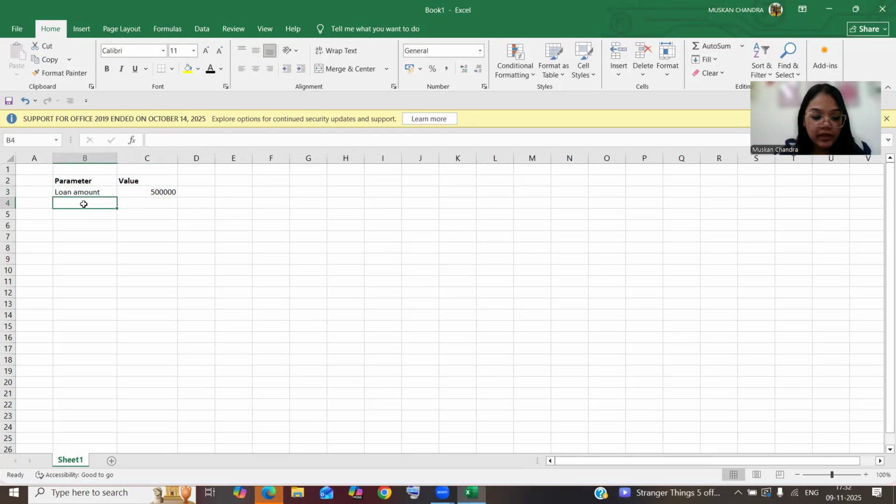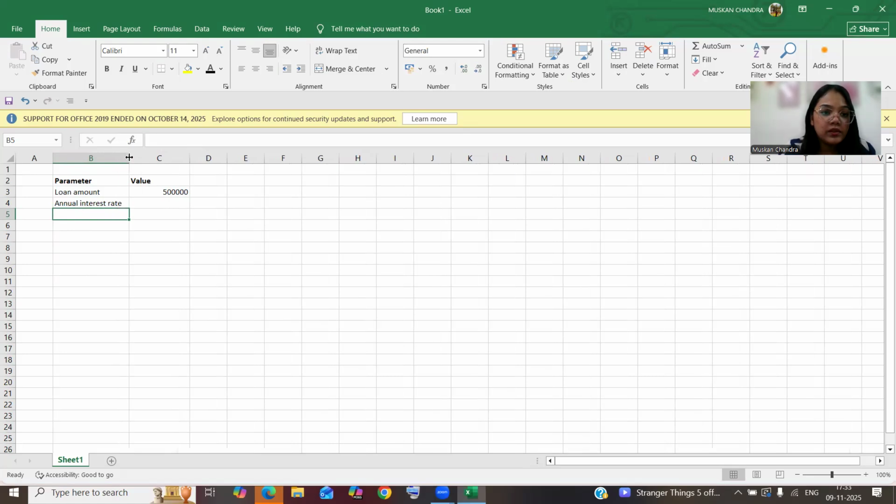Then we have the annual interest rate, which we have taken as 10%.